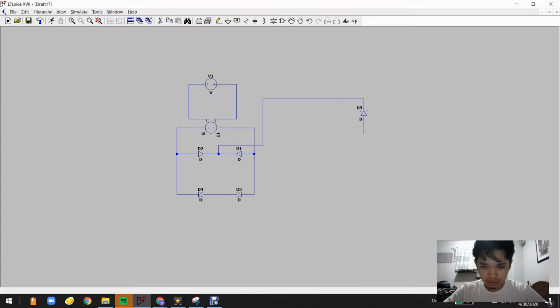Oh wait, it's this way. Resistor parallel to the diode. Oh wait, no, in series with the diode. There you go.